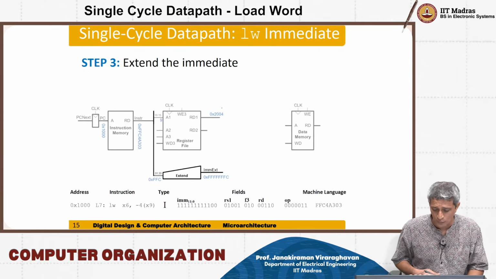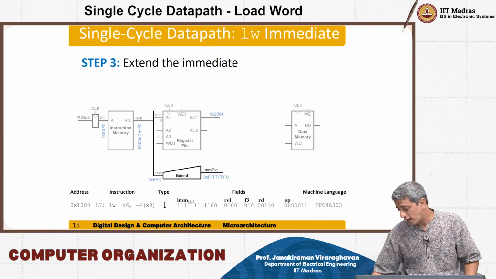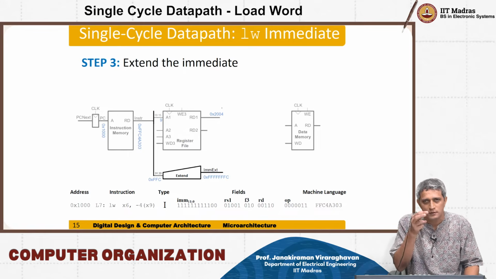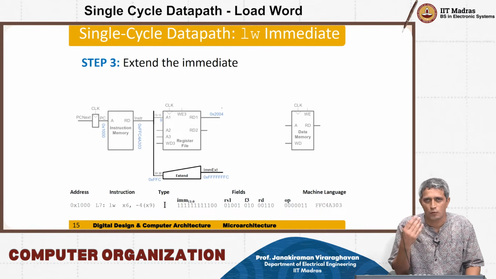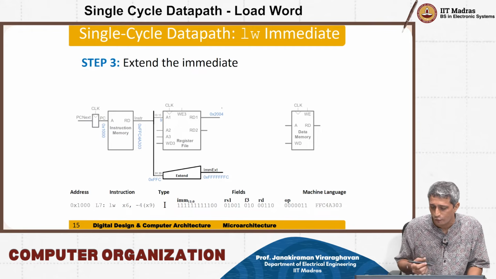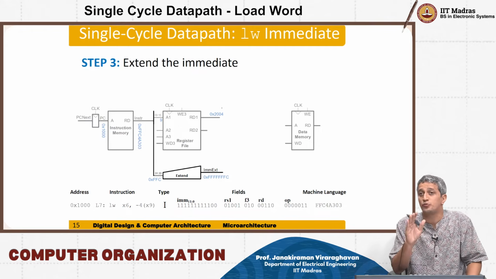Now what do you do? I am now going to take this source register value and then add or subtract with that immediate data. I'm going to do some arithmetic operation with that immediate data, and therefore the immediate data first needs to be sign extended.